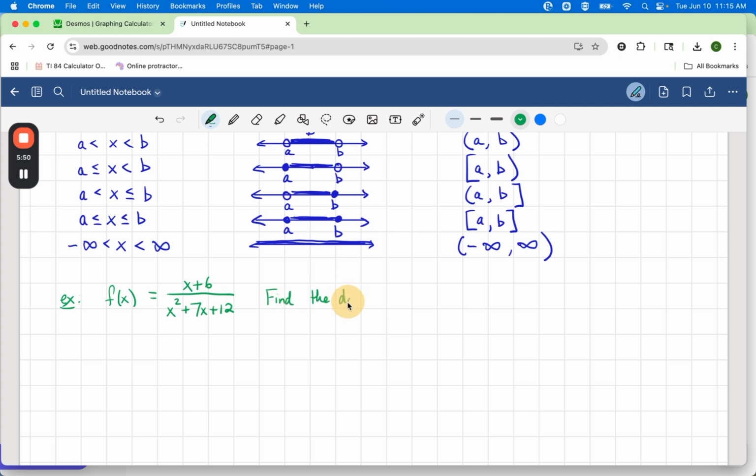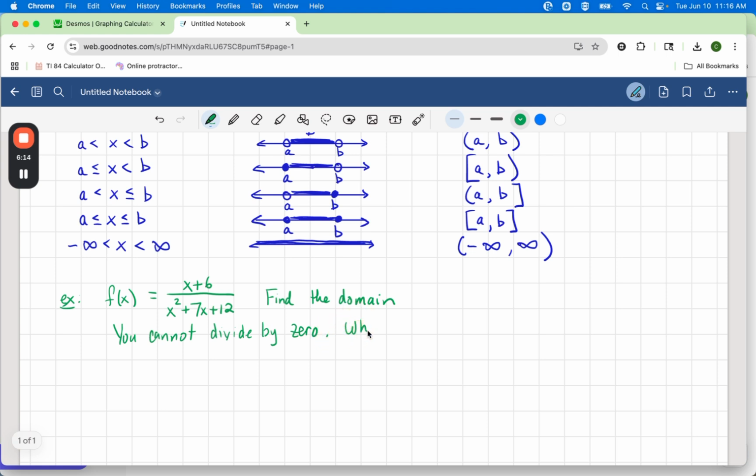A couple things we can't do in the real number system. Number one is we can't divide by 0. So our domain can include any value that doesn't make the denominator 0.